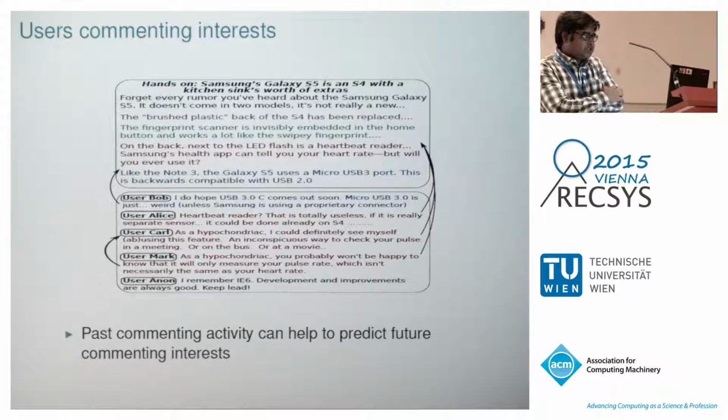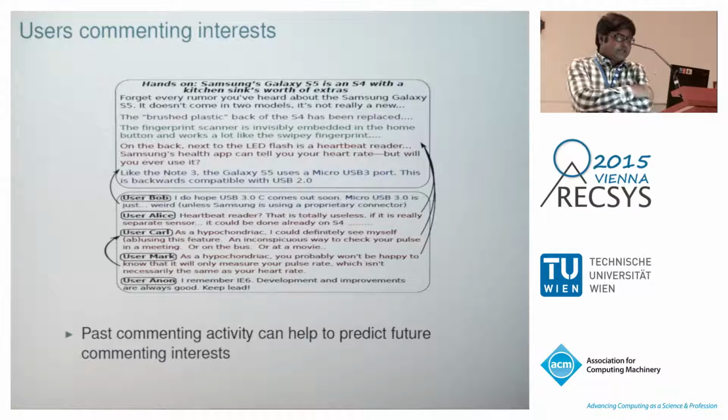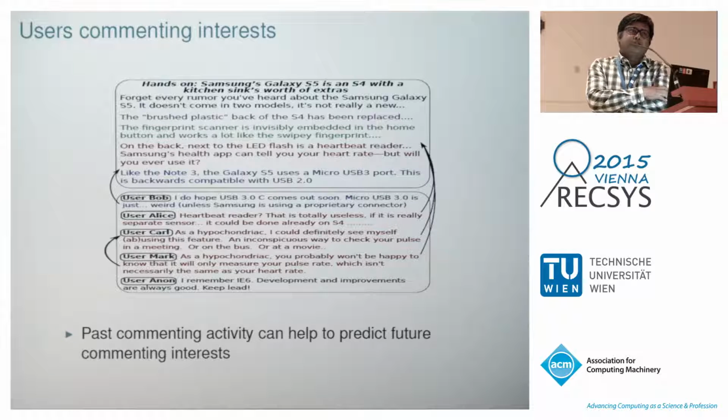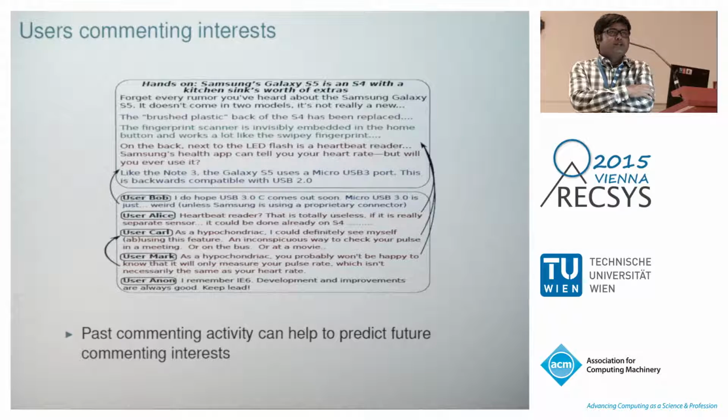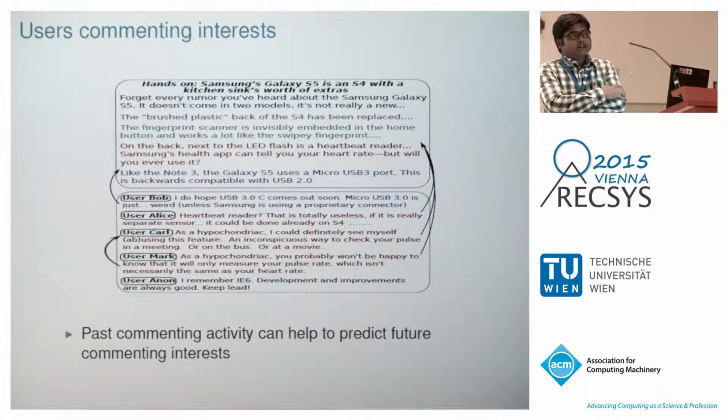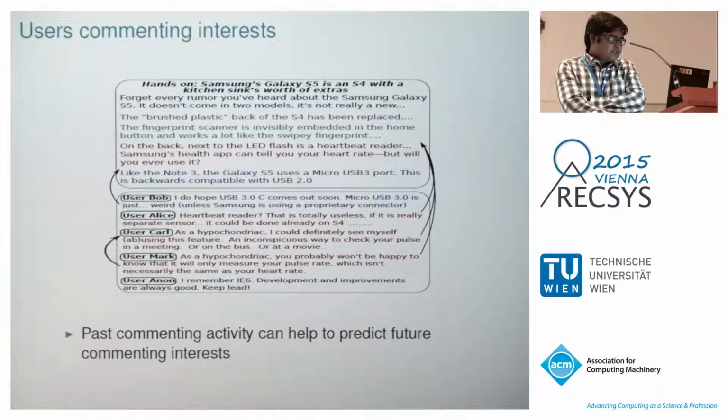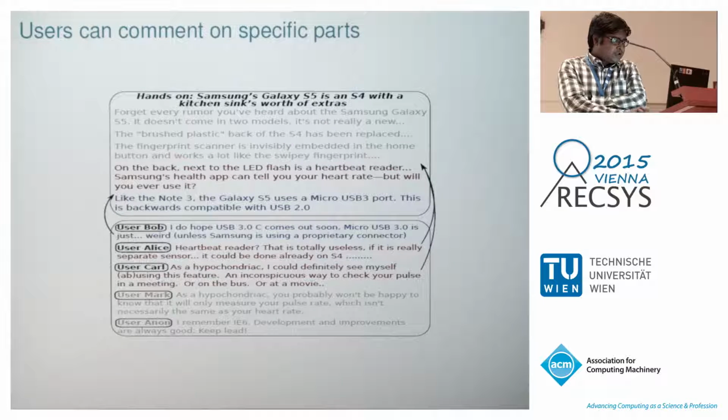Now let us understand how past commenting activity can help in predicting future comments. If somebody has commented on the heartbeat reader, or on the USB port, he might be interested in commenting on similar aspects in some other products. Or if he is interested in mobile phones generally, there can be different aspects of his interest in commenting on a news article.